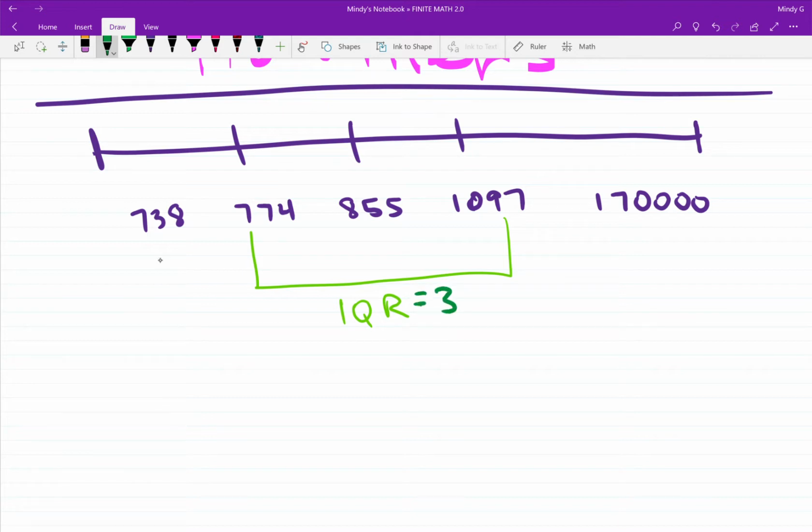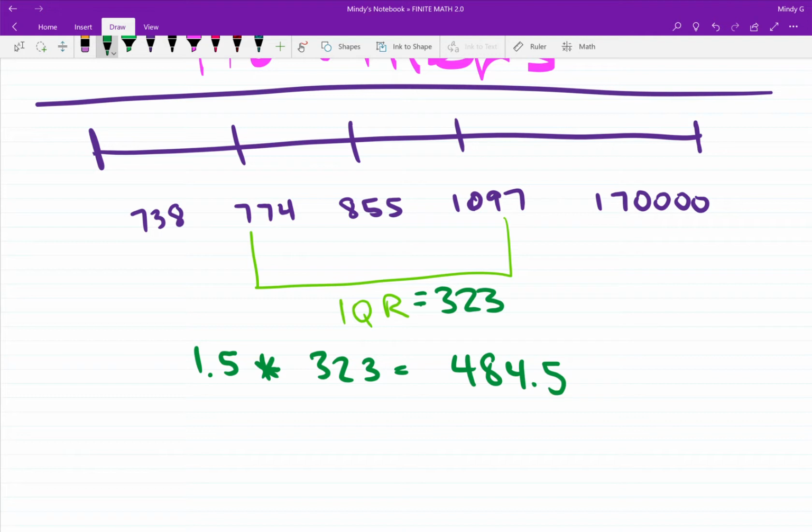Is that what you guys got? Check me out. Once you find the IQR, am I going too fast? Okay. Once I find the IQR, I'm going to take 1.5 times the IQR and get a number. 1.5 times 323, I'm getting 484.5.